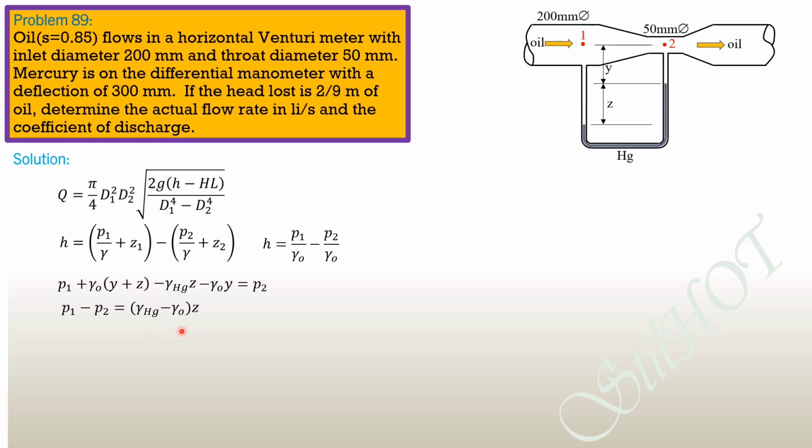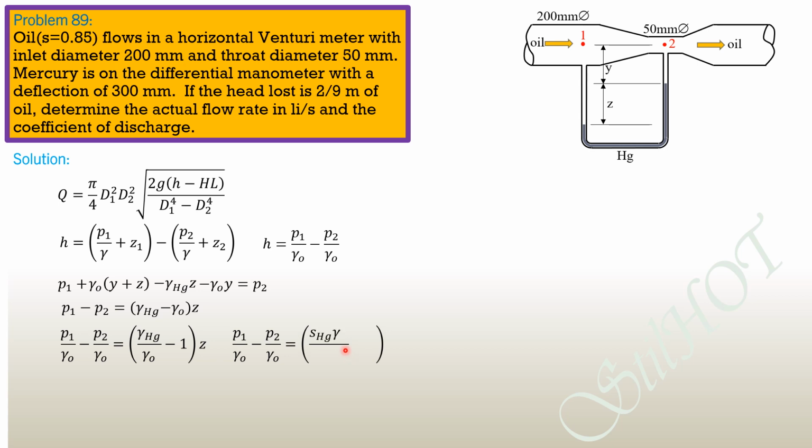Dividing everything by the specific weight of oil, we have P1 over the specific weight of oil minus P2 over the specific weight of oil equals the quantity specific weight of mercury over specific weight of oil minus 1 times z. Take note that the specific weight of mercury is the specific gravity of mercury times the specific weight of water, while the specific weight of oil is the specific gravity of oil times the specific weight of water.